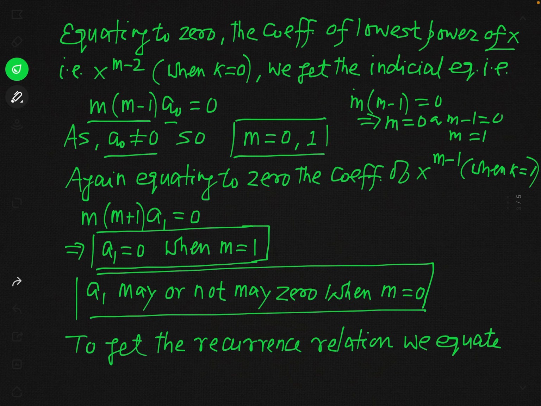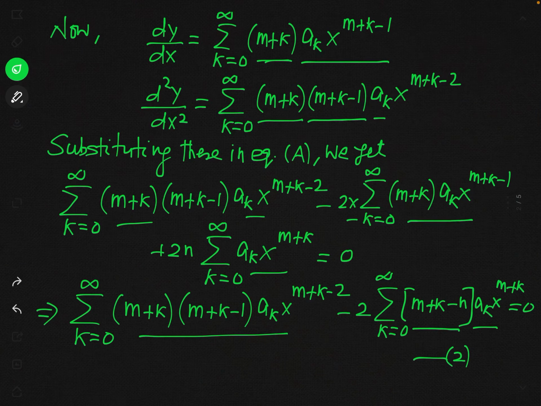Now, to get the value of the second coefficient, that is a1, we equate to 0 the coefficient of the next lowest power term, and that is x raised to the power m minus 1 when k is equal to 1. You can see again here, when k will be 1, then in the first term the coefficient of x to the m minus 1 will be m plus 1 into m into a1.